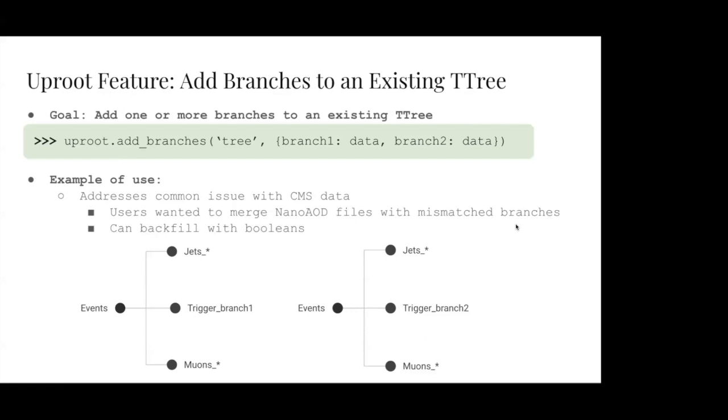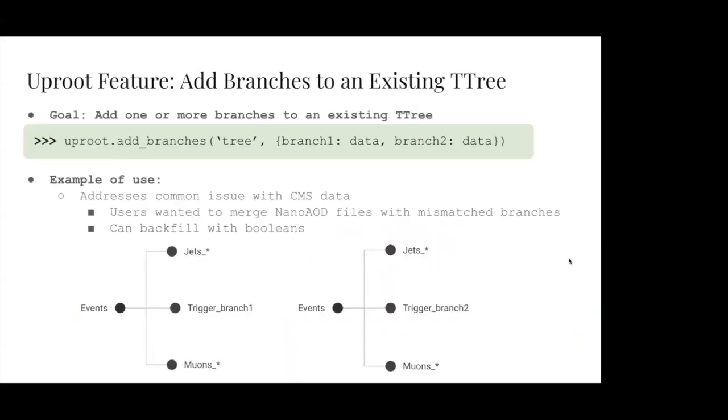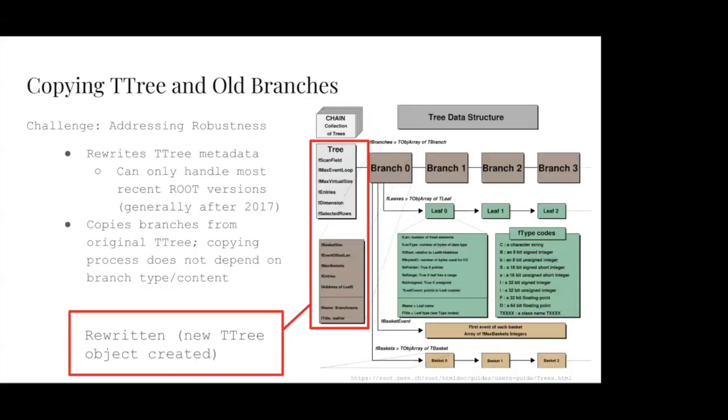So you can add a branch of just booleans before you merge them, to allow the files to be merged, but with the data correctly. Yeah, so copying the t-tree and the old branches.